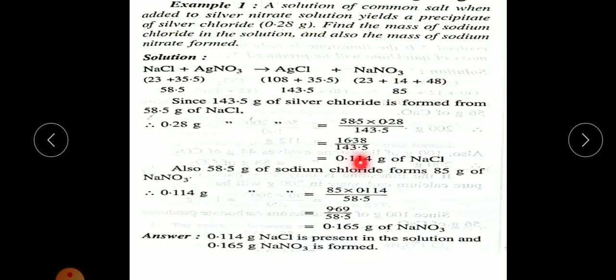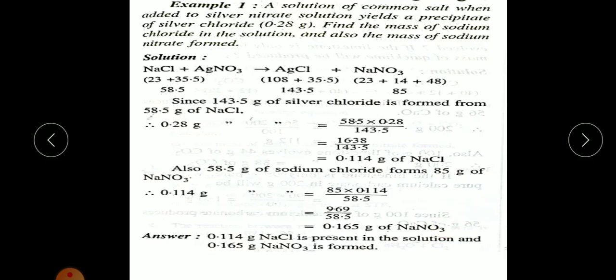Now we have calculated the mass of sodium chloride, so for 0.114 gram of sodium chloride it forms 85 by 58.5 into 0.114, which will come as 0.165 gram of sodium nitrate. So this is the answer. One answer is 0.114 gram of sodium chloride, another answer is 0.165 gram of sodium nitrate.